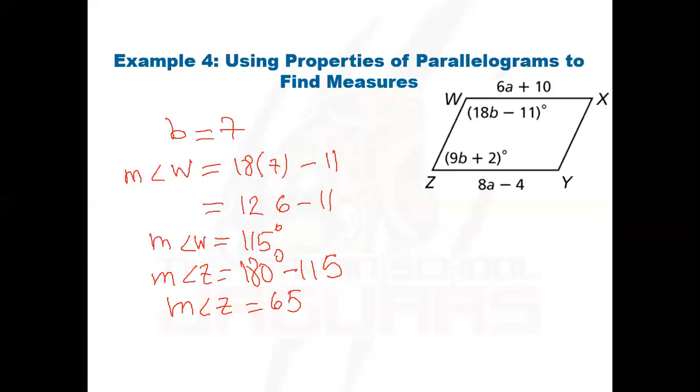And now you can do what I said. You can replace, for example, b into this expression. It would be 9 times 7, which is 63, plus 2, which is 65. The measure of the angle C would be 65.